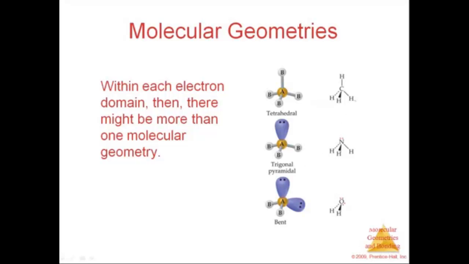So if I have a bond with an atom on each of the electron domains, I have a tetrahedral shape, equally spaced apart. If I have one lone pair and only 3 atoms attached, I'm going to have trigonal pyramidal. You know, this nitrogen is going to be sticking up. And if I have 4 domains around the central atom, but 2 of those are lone pairs and not bonded pairs, I will have a bent shape like I do in water.